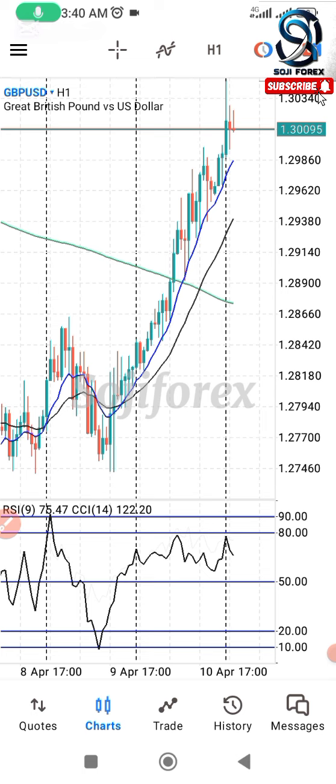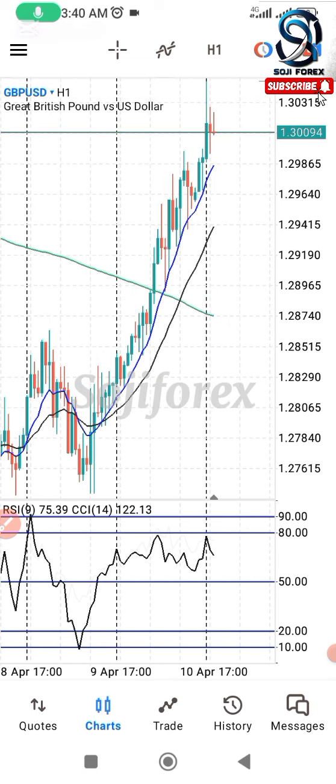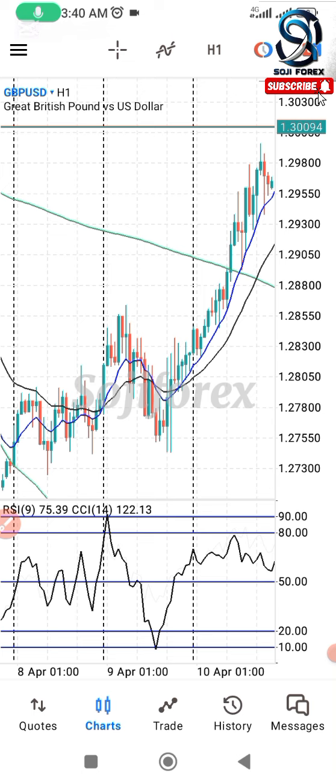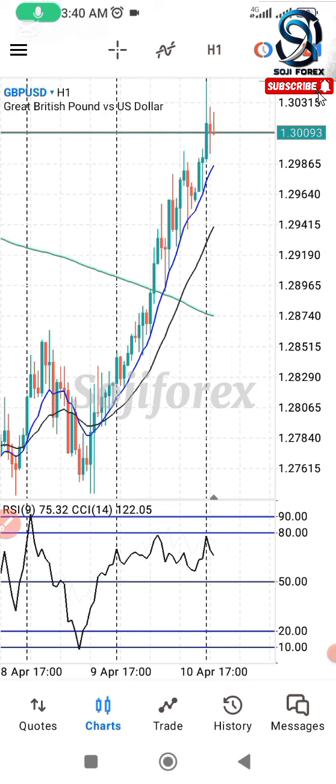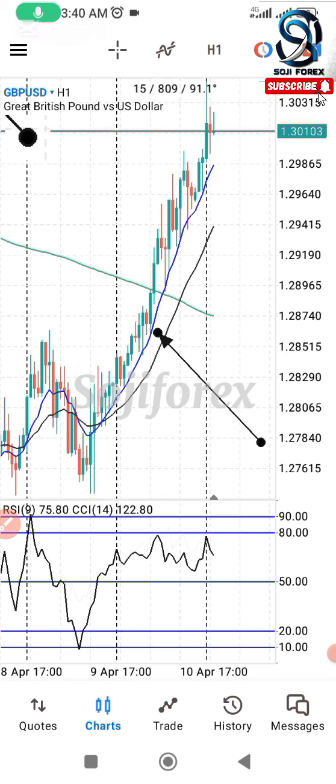We'll be using these moving averages as an additional tool to validate each of these movements. We'll be using the middle Bollinger Band, which is this, to determine our trend.